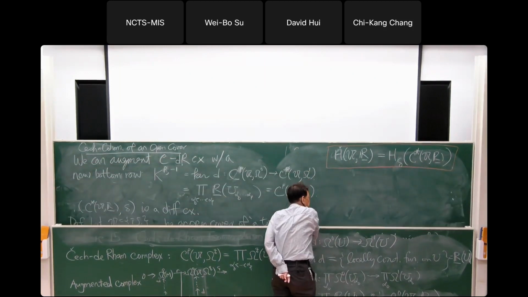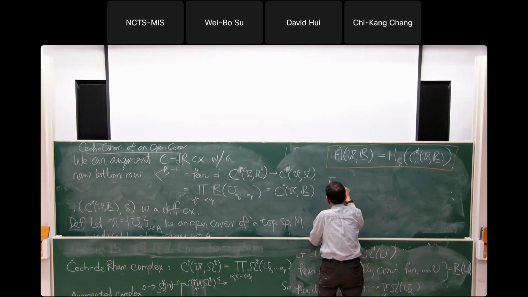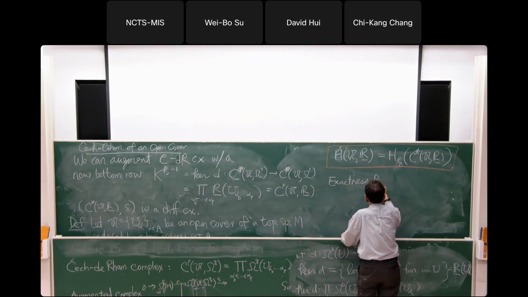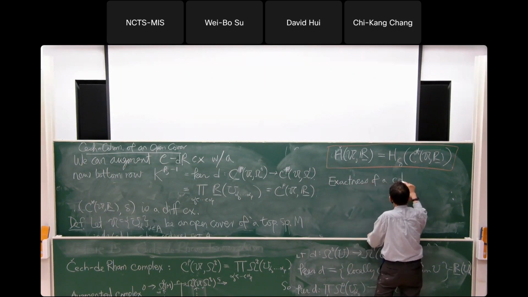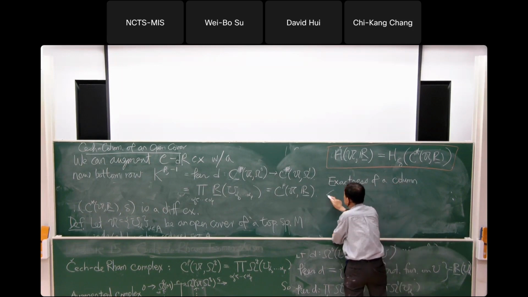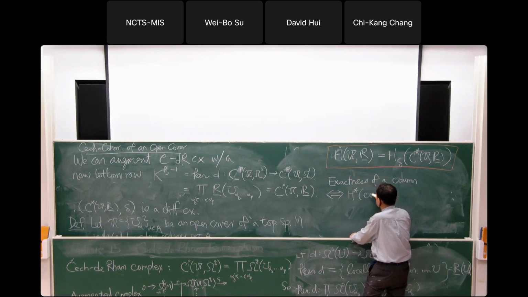So exactness of a column means exactly the same thing as that the cohomology of the column is zero.